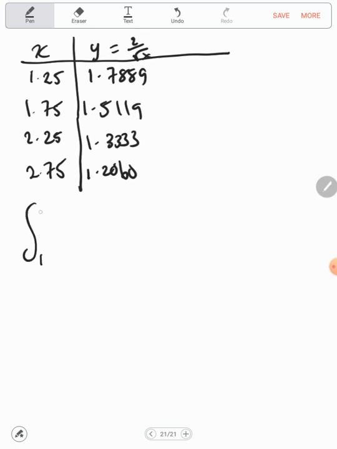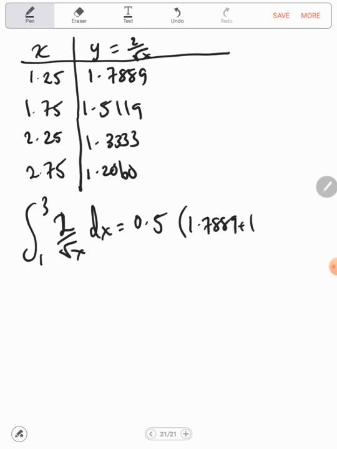Therefore, the formula using the midpoint is the integral from 1 to 3 of 2 over root x dx, and this is just the d multiplied by all the y coordinates: 1.7889 plus 1.5119 plus 1.333 plus 1.2060, and our answer will be 2.9.